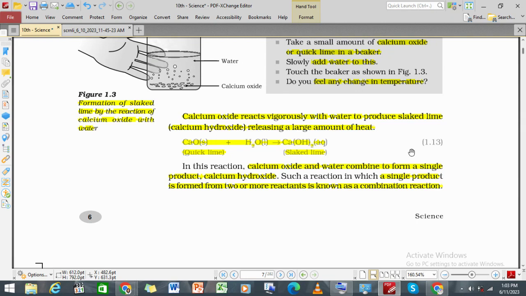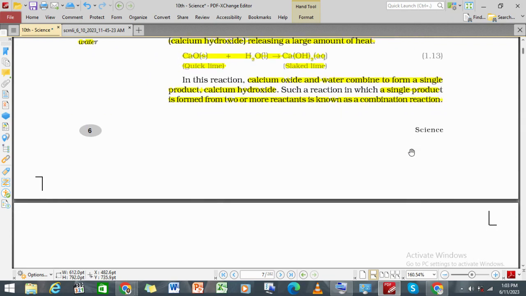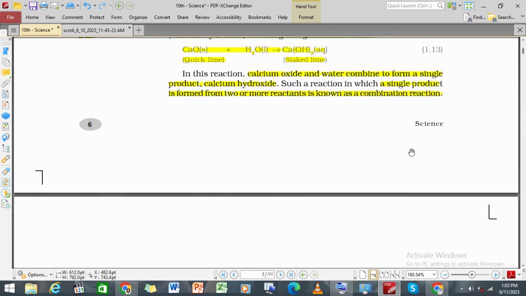All right. Now, in this reaction, calcium oxide and water react to form a single product, calcium hydroxide.